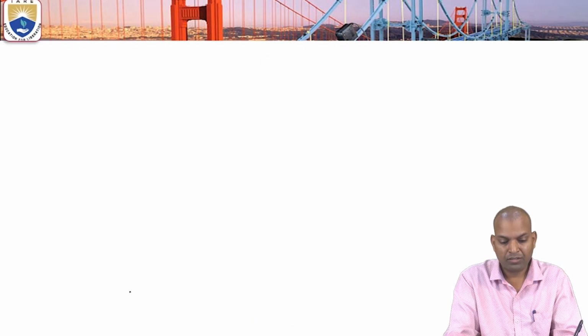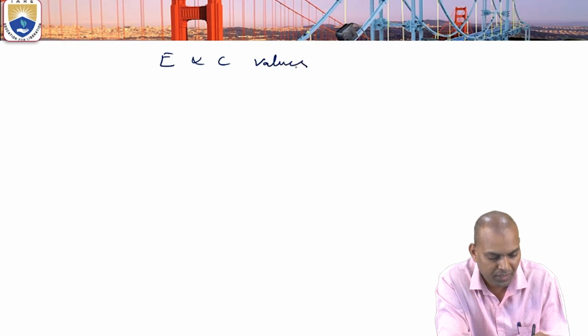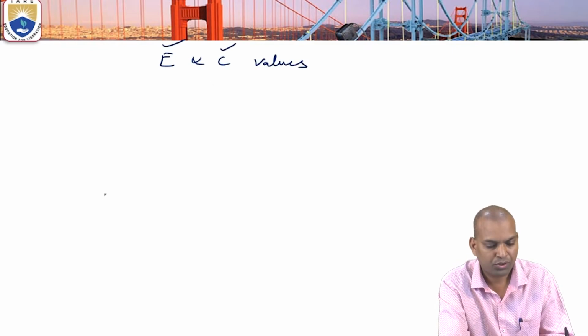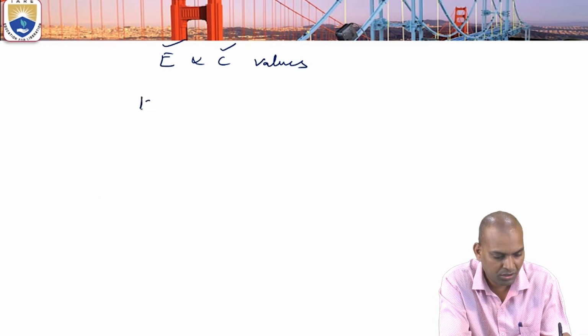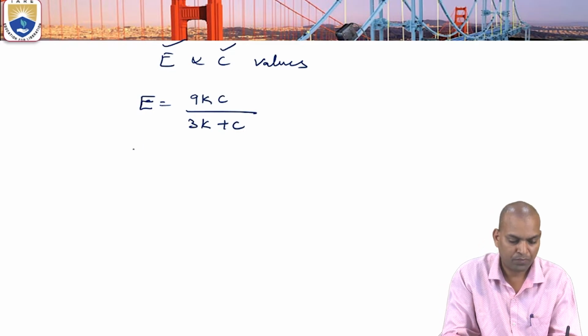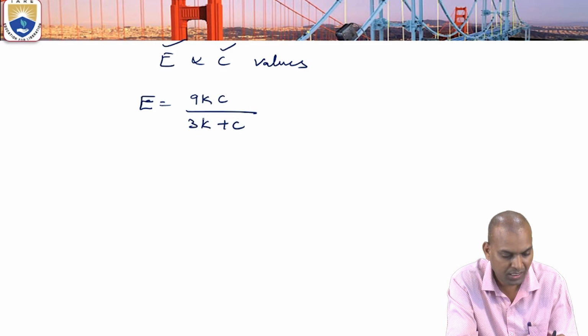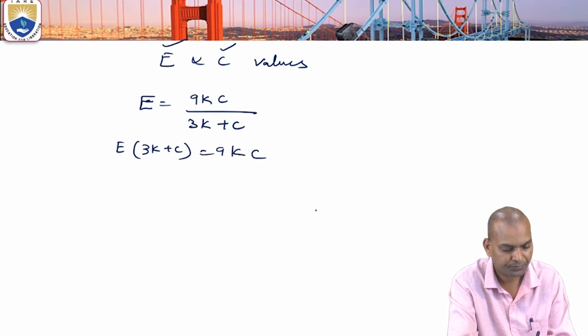There is another method to calculate this bulk modulus after knowing E and C values. When E and C are known values, how do we find the bulk modulus? E equal to 9kc by 3k plus C. From this we need the K value. How does it come? E into 3k plus C equal to 9kc.